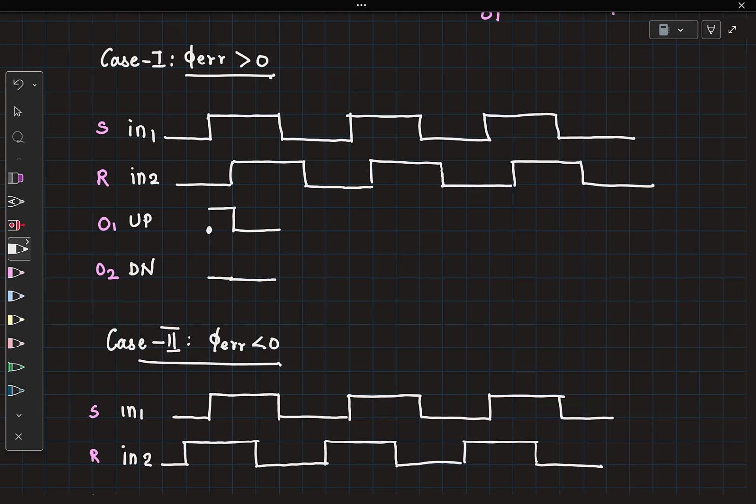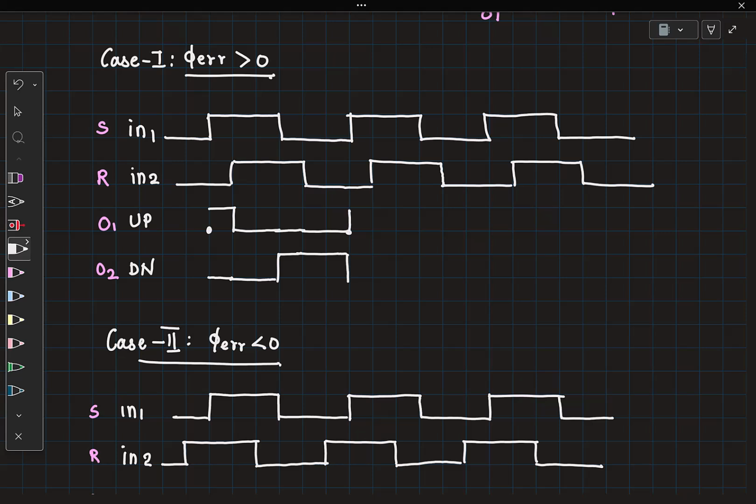Then you have R equal to 1 and S equal to 0, which means you are in the reset state. Up continues to remain at 0, down becomes 1. After this point, till this duration, this is again the hold state. So it holds the value and then it comes down.